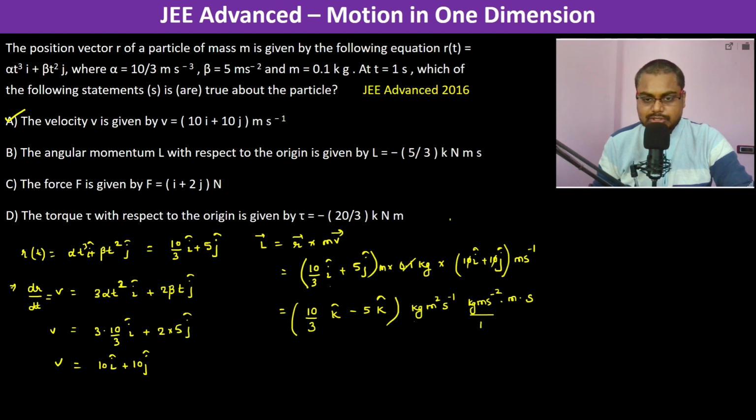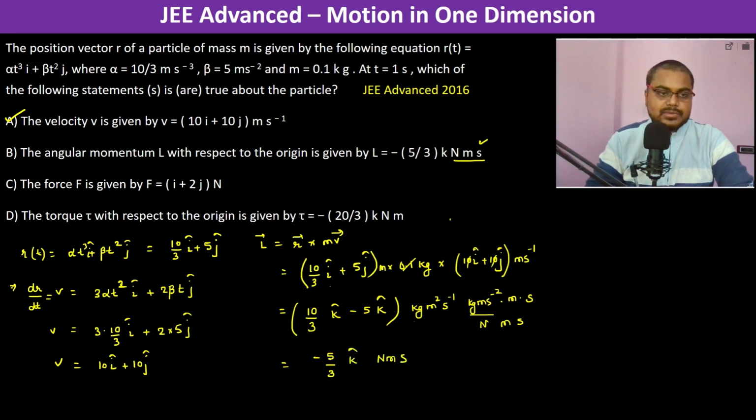So this is Newton meter second, and the units are also right. Now 10 by 3 minus 5 gives minus 5 by 3 K cap Newton meter second. So B is correct.